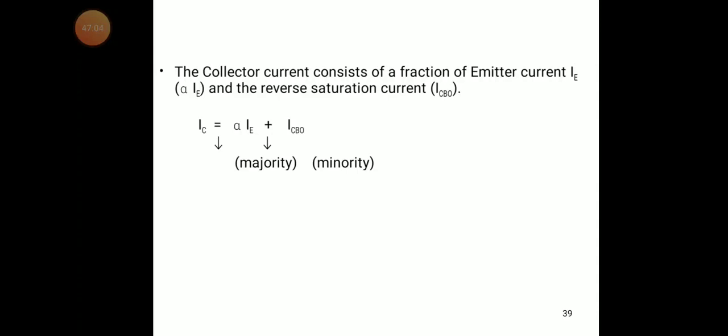The collector current is nothing but a fraction of the emitter current plus the minority charge current, that is the ICBO, reverse saturation current. So it gives the currents of the transistor. In the next class, we will discuss the remaining topics of the transistor. Thank you.